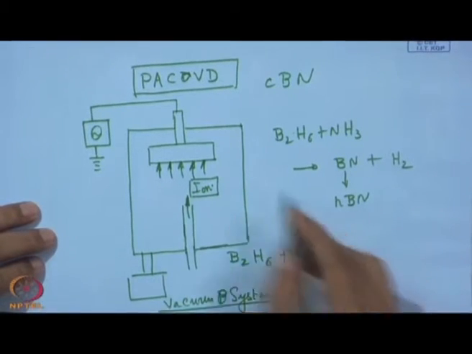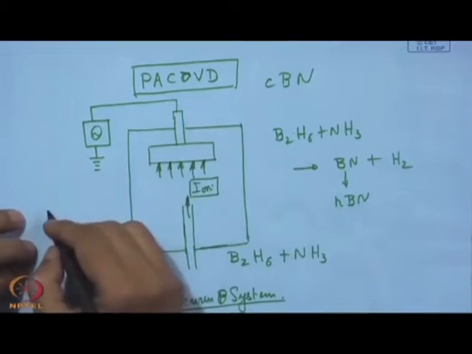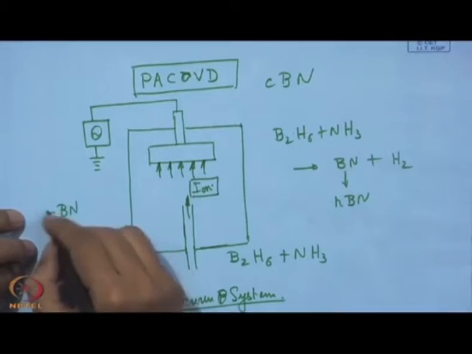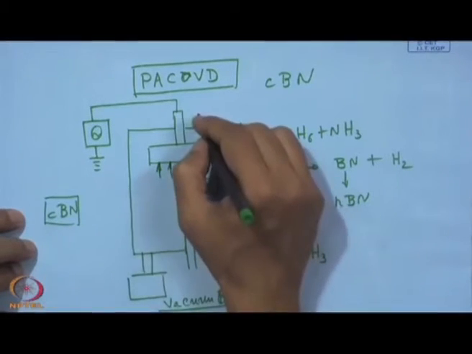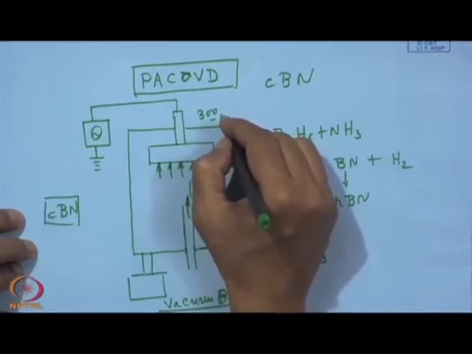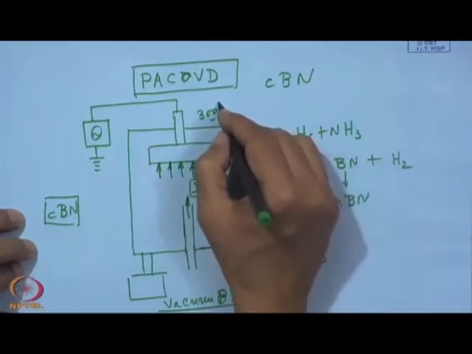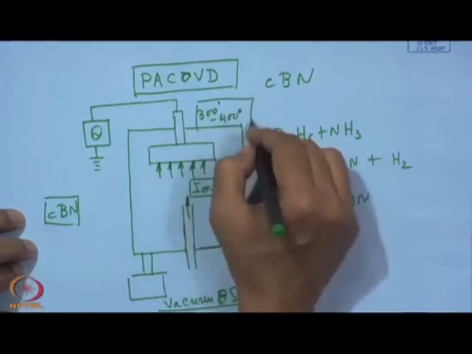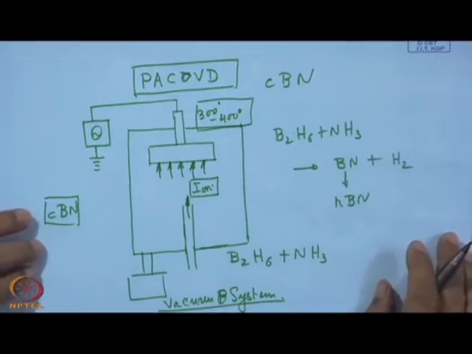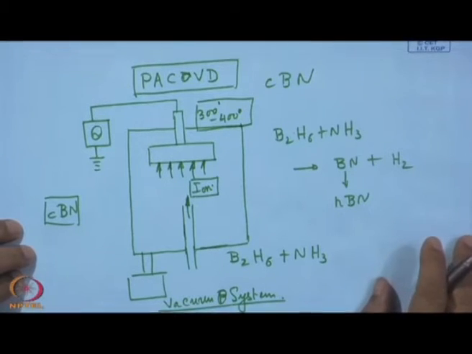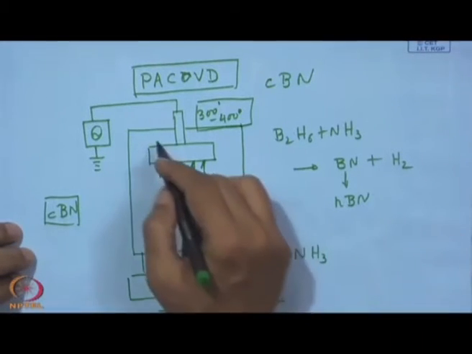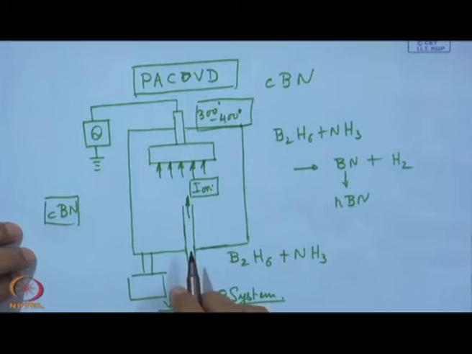It is striking with ions, and that is high energy. With that high energy it is possible to have this CBN structure over this coating even in the range of 300 to 400 degrees centigrade. That is the whole idea here, that these ions will be high energy, energetic ions, because of this negative polarization.